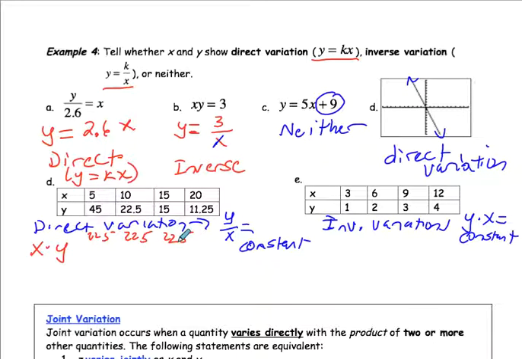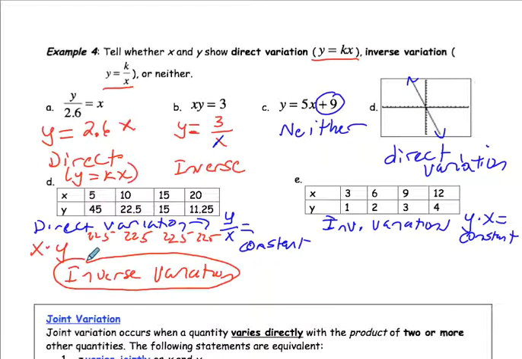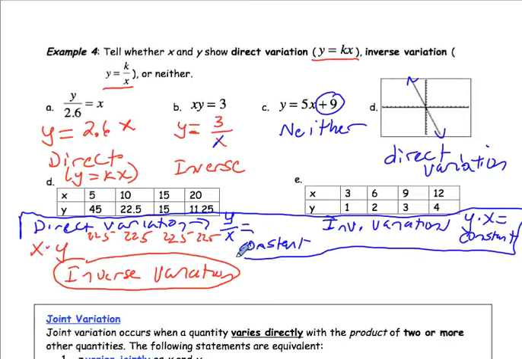And 20 times 11.25 is 225. So this is inverse variation. So this stuff that I put in here, this is really just some notes as to how to work with it.